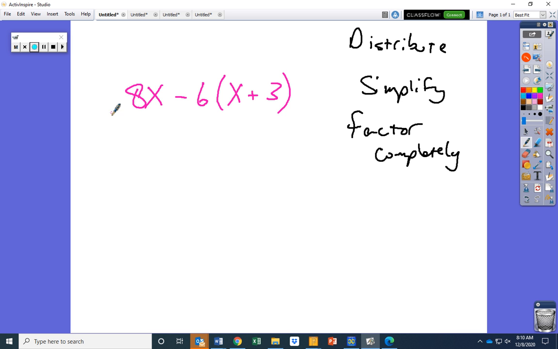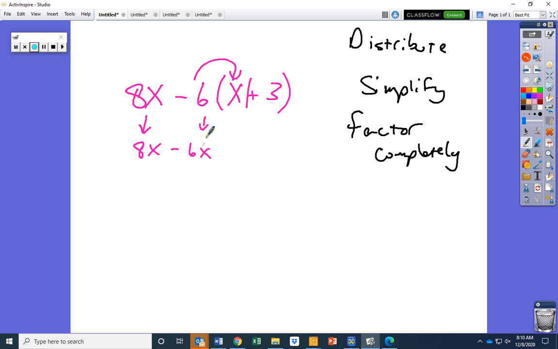So, Audrey, am I doing anything with 8x? But I need to bring this down, right? Yes, thank you. So 8x, okay, Audrey, negative 6 times x. Negative 6 times x.